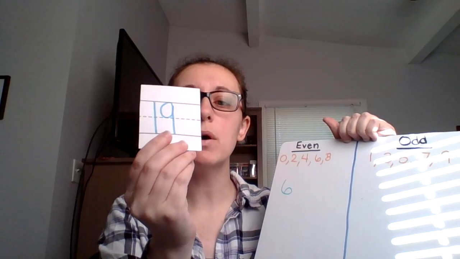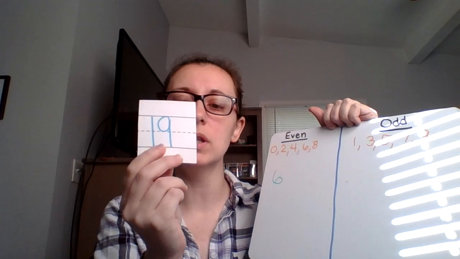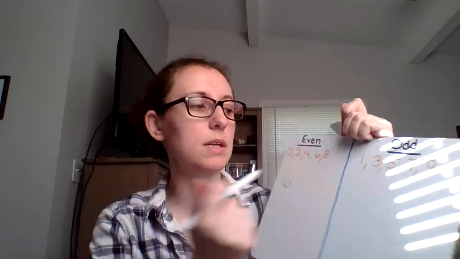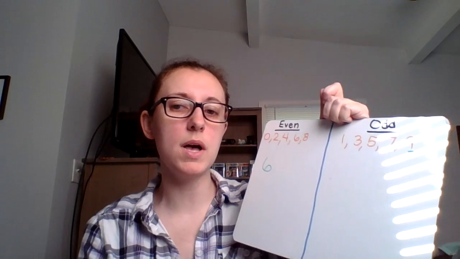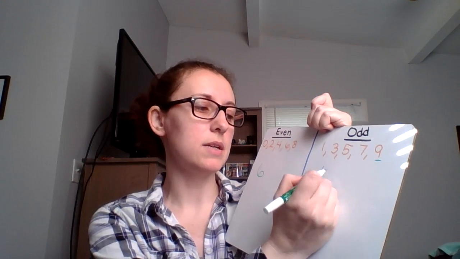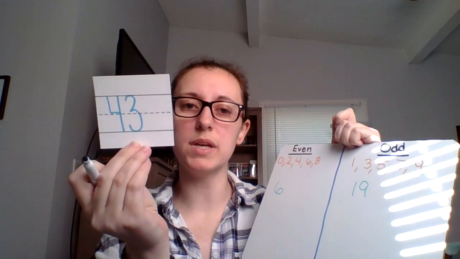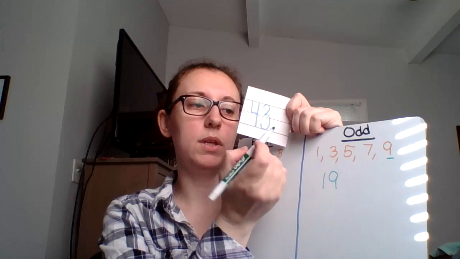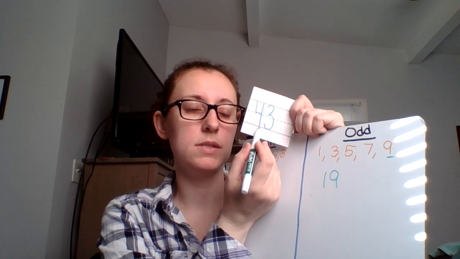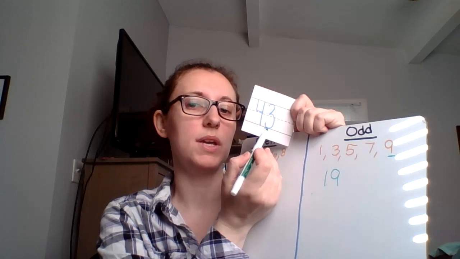And again, both digits are odd numbers, but we're only looking at the ones, which is the 9 in 19. So 19 is a 9 in the ones, so it's an odd number. Next, we have 43. Again, we're only looking at the ones column, which is the 3.